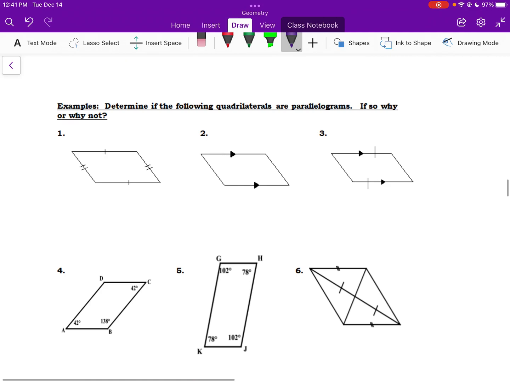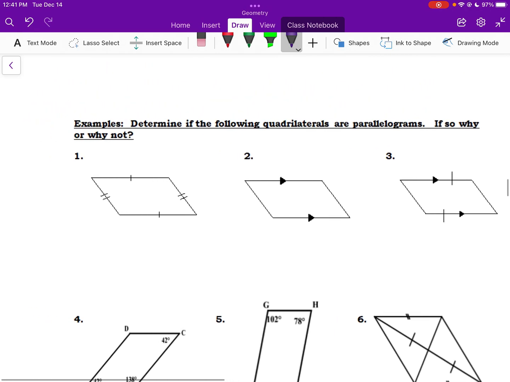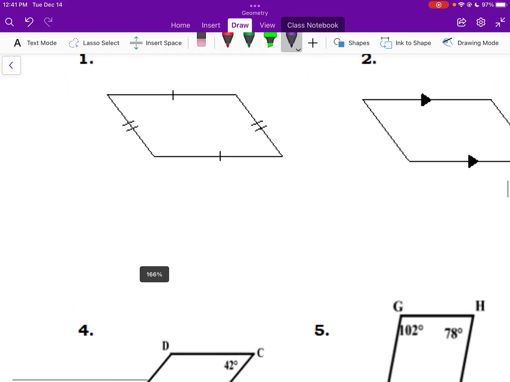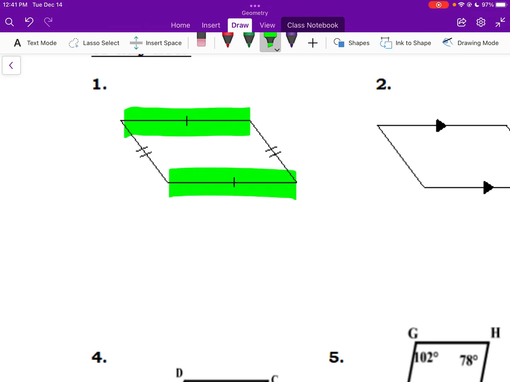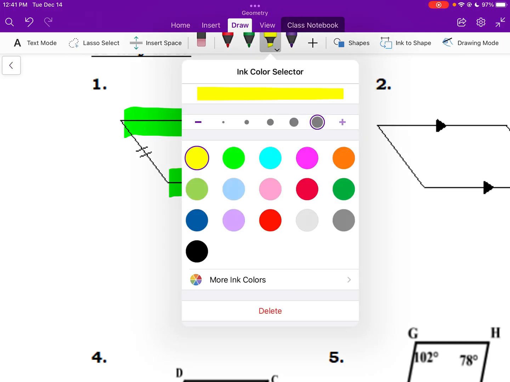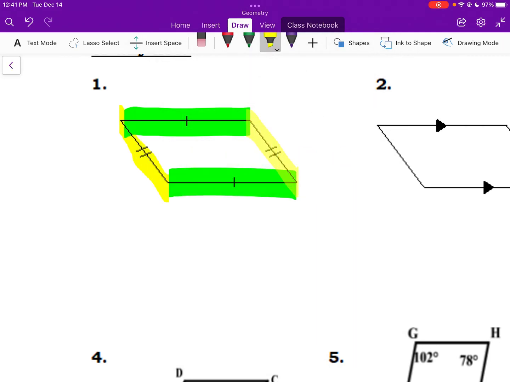Let's apply them. We're going to determine whether each of these quadrilaterals is a parallelogram or not. Essentially, are any of those theorems we just discussed being met? First scenario: from the markings, we can see that this pair of opposite sides are congruent, and this other pair of opposite sides are also congruent.